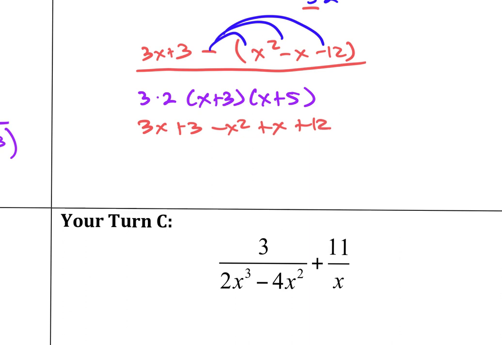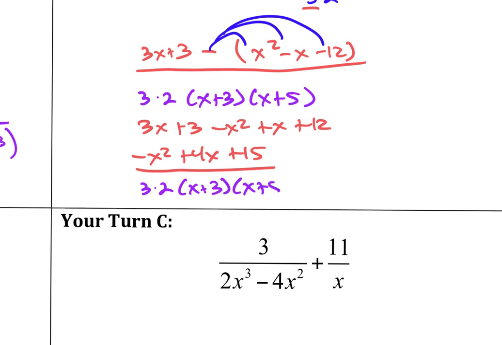And I'm going to work with just my numerator for a second. If I combine all those terms, then we now have a negative x squared plus 4x plus 15, and then this is going to be all over our common denominator, which would be 3 times 2 times x plus 3 times x plus 5.